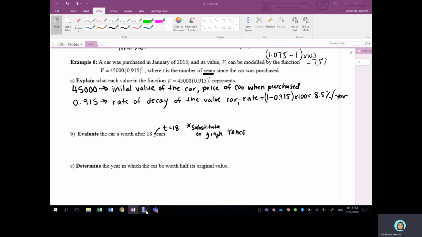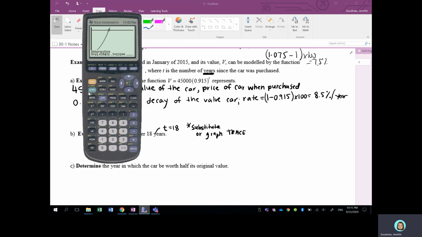I'm going to do the substitution first. So again, in the calculator part of the calculator, I'm going to put in 45,000 times 0.915 to the power of, and then I'm going to substitute in the given x value, which is 18.